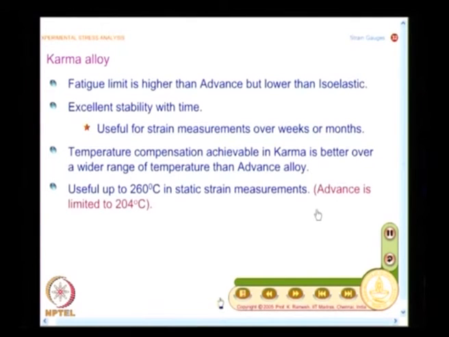In order to familiarize yourself with strain gauge selection, you need this background. And you also find that Karma alloy can be used up to 260 degrees centigrade in static strain measurements. So, it is slightly a shade better than Advance. Advance is limited to 204 degrees centigrade.